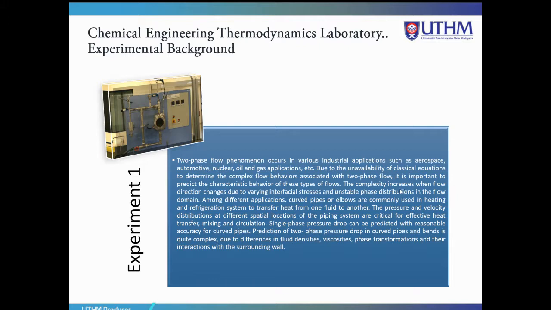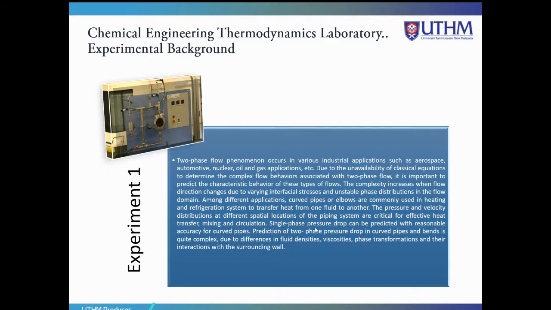The complexity increases when flow direction changes due to varying interfacial stresses and unstable phase distribution in the flow domain. Among different applications, curved pipes or elbows are commonly used in heating and refrigeration systems to transfer heat from one fluid to another. The pressure and velocity distribution at different spatial locations of the piping system are critical for effective heat transfer, mixing, and circulation.